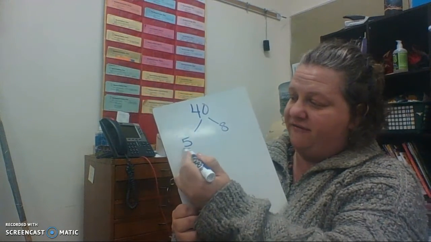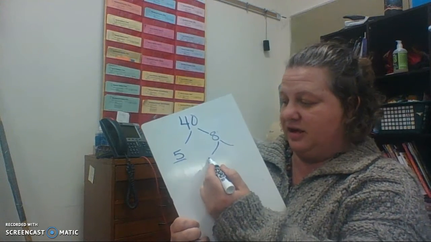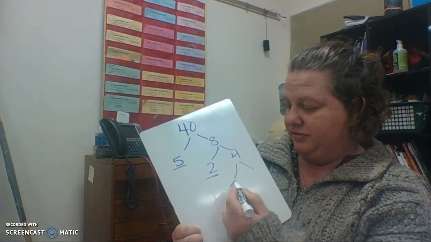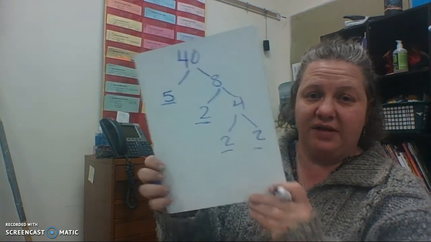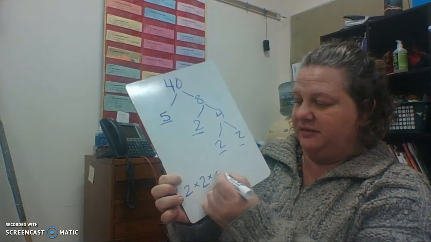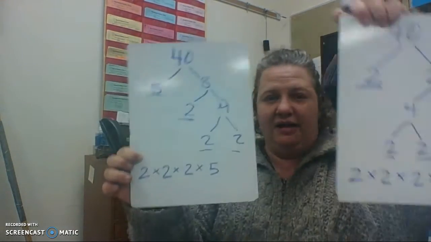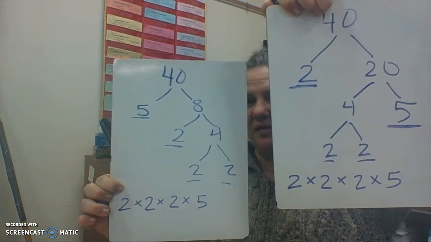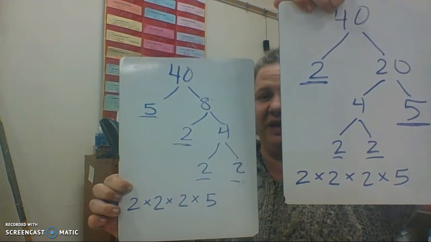So if I start with that 5, that's prime. And then I have 8. Well, 2 and 4 is 8. My 2 is prime now. And 2 and 2 is 4. Okay? And I still have 2 times 2 times 2 times 5, just like I have on my other example. Okay? They still come out the same no matter which way you start at the beginning.